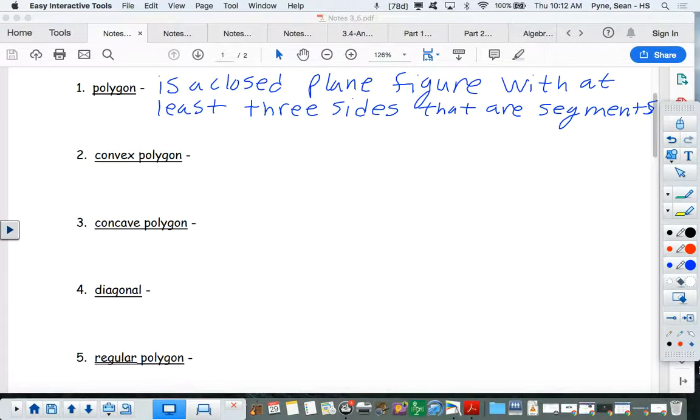It's important that they're segments, guys. They're going to be parts of lines that connect them. They do not overlap, which is why it says it's a closed plane figure.